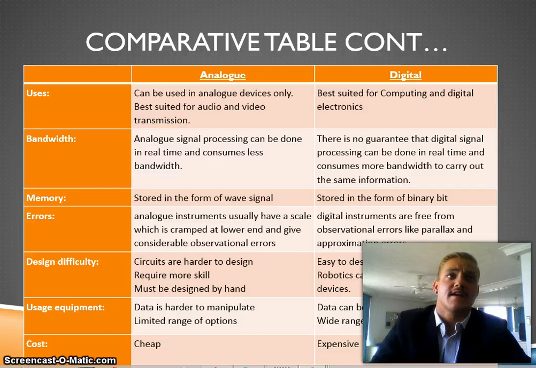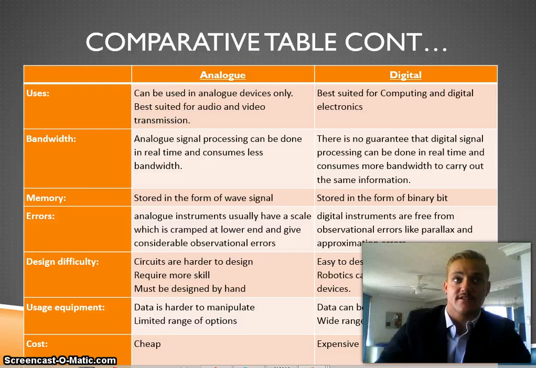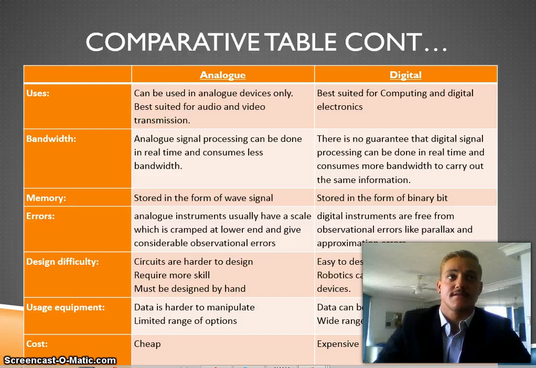The bandwidth. Analog signal processing can be done in real time and consumes less bandwidth. There is no guarantee digital signal processing can be done in real time, and it consumes more bandwidth to carry the same information. Errors. Analog instruments usually have a cramped scale at the lower end to give considerable observational views. Digital instruments are free from observational errors like parallax and approximation errors.